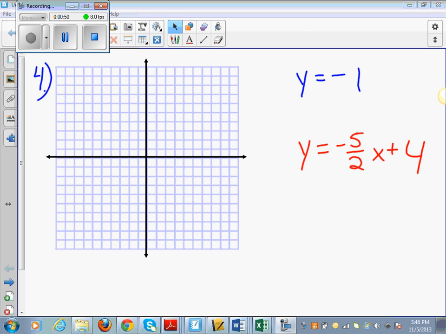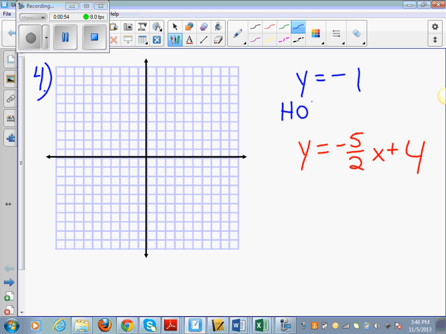But if we remember our good old saying, HOY VUX: HOY stands for horizontal lines have a 0 slope, and their equations are y equals a number. And VUX is vertical lines have an undefined slope, and their equations are x equals a number.